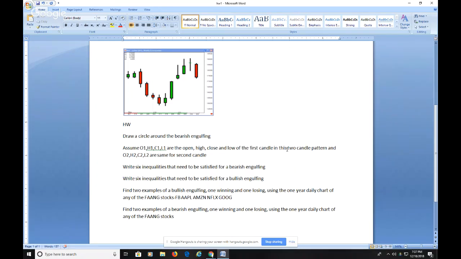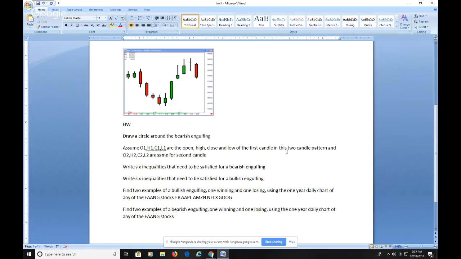I don't want to give the answer because I don't think it's a tough math problem. So if O1, H1, C1, L1 are the open, high, close, and low for the first candle, and O2, H2, C2, L2 are the open, high, close, and low for the second candle, you ought to be able to write 6 inequalities for a bearish engulfing and for a bullish engulfing.